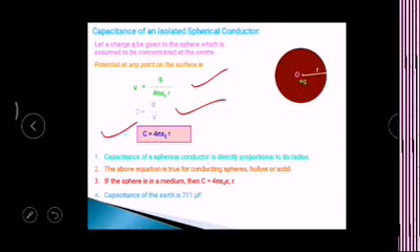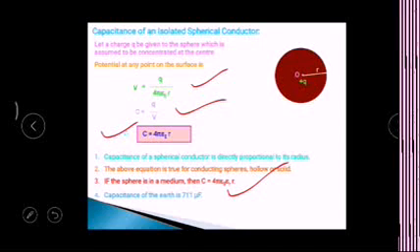If this conductor is placed in a medium, then capacitance becomes C equal to 4 pi epsilon 0 epsilon r into R, where epsilon r is the dielectric constant or relative permittivity of the medium. So its capacitance will increase, since epsilon r is always greater than 1. But if we take a large conductor equal to the size of the Earth, the capacitance comes out to be 711 microfarad.